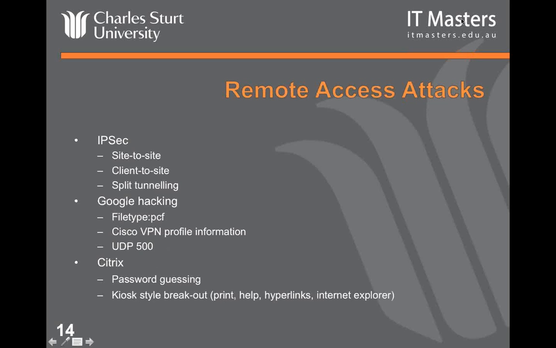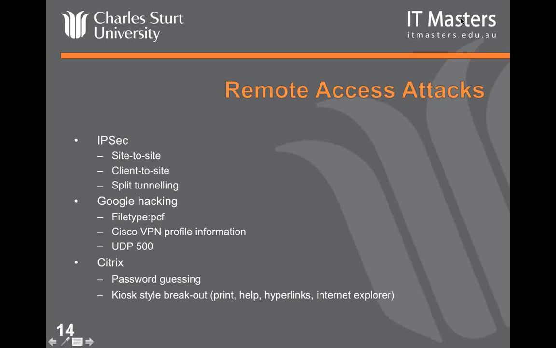Then we're talking about remote access attacks. Obviously, remote access is all about getting into your corporate network through whatever means. IPsec, so a VPN can be a way of doing that, going from site to site. If you've got access to one site and there's a VPN tunnel to another site, maybe that's a good way to get in there.